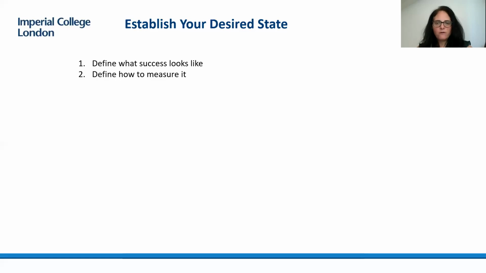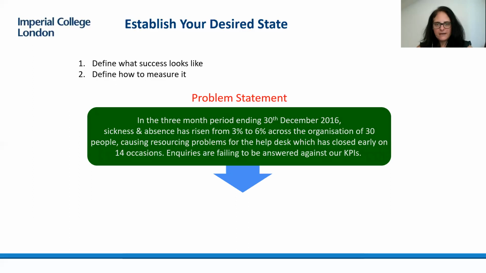The creation of the outcome statement can be managed in exactly the same way as a problem statement. Instead of using the NOSI technique, we use SMART criteria or SMART measures to capture our thinking. So, this is our problem statement we agreed on in the last video.